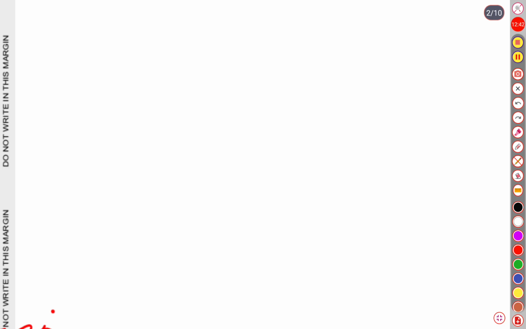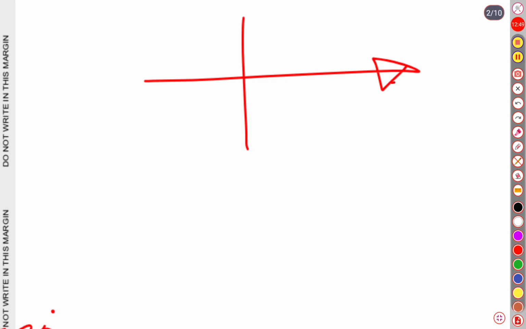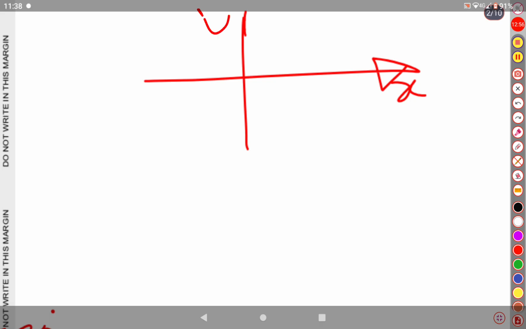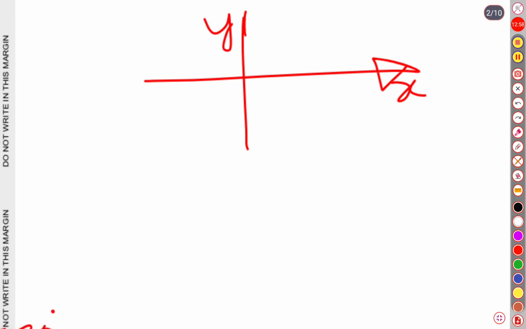Let me draw a figure with red ink. This is the horizontal positive x, and this is positive y, and the origin is over here.